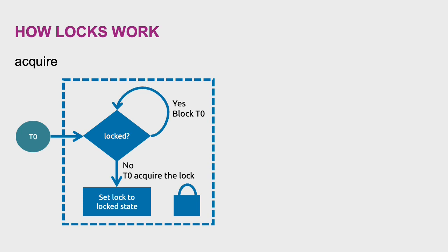Otherwise, if the lock is open, the thread can acquire the lock and set the lock state to 1, so it can actually lock the lock so nobody else is able to enter its critical section. So everyone trying to acquire the lock gets blocked.